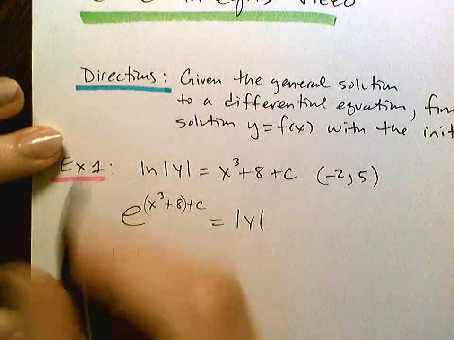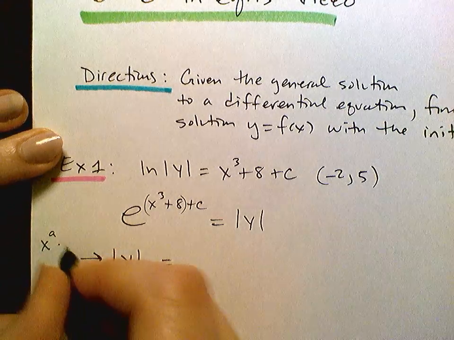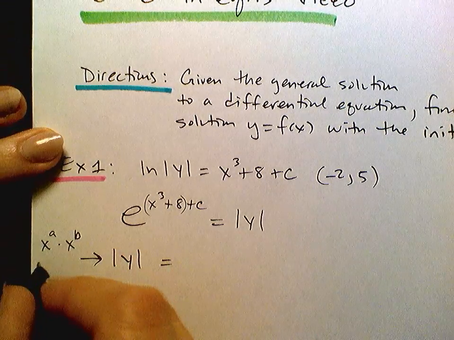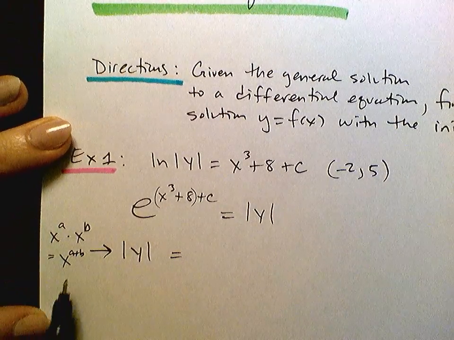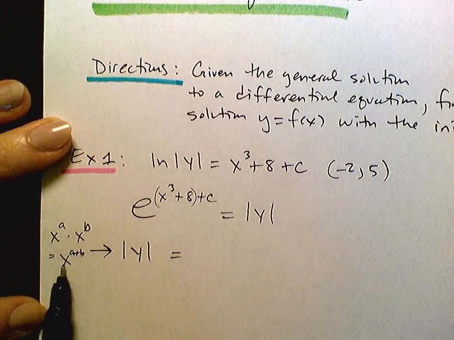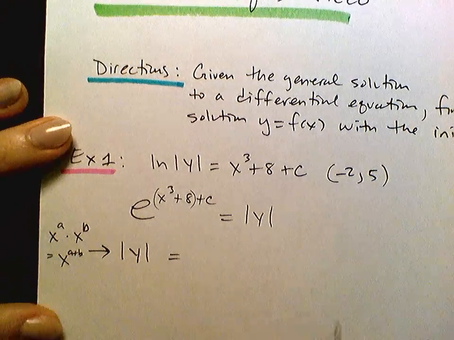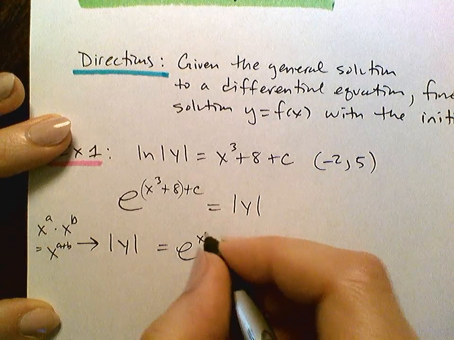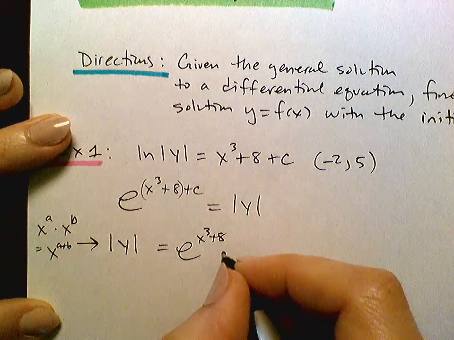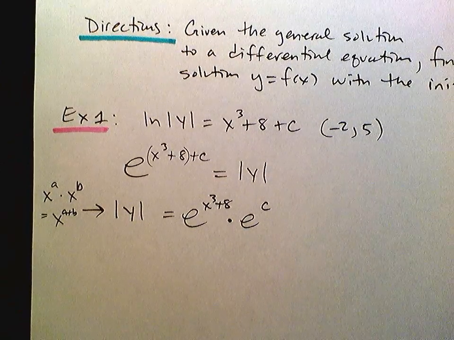I'll just remind you of this rule: x to the a times x to the b equals x to the a plus b. You can also use this law of exponents backwards. If you have a base raised to a sum, you can split it up like that. So I'm going to split this up: this is e to the x to the third plus 8 times e to the c, where c is some constant.